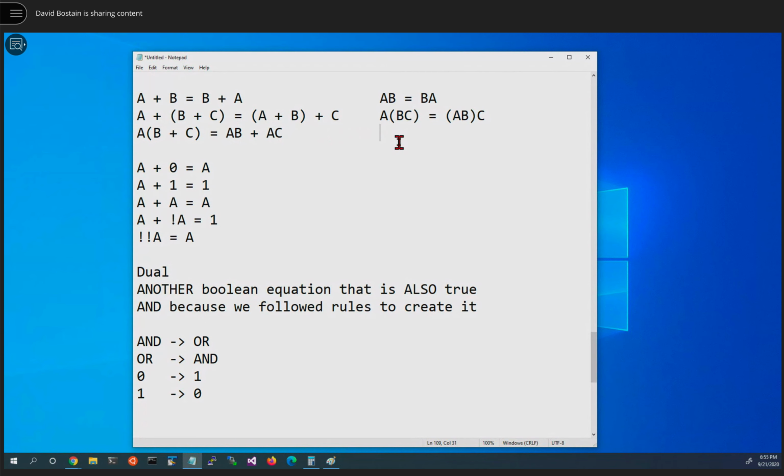Just follow the simple rules, right? Ands become ors, ors become ands, zeros become ones, ones become zeros. Okay, we're starting out with an and, which we're going to change to an or.